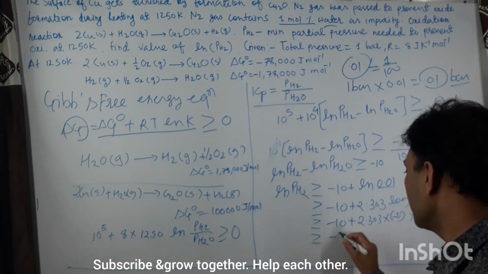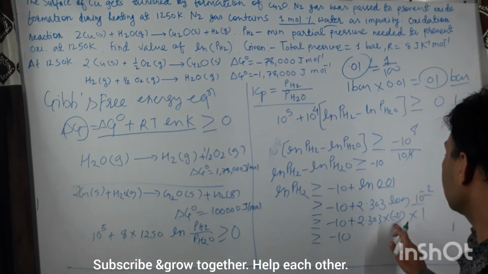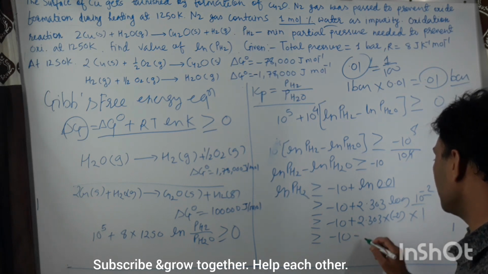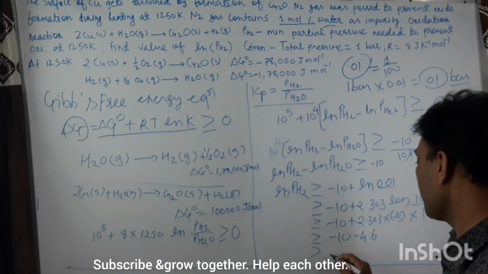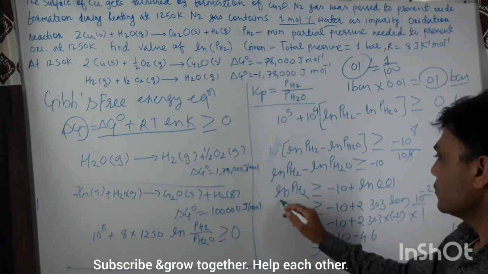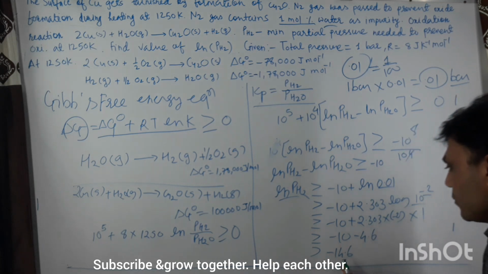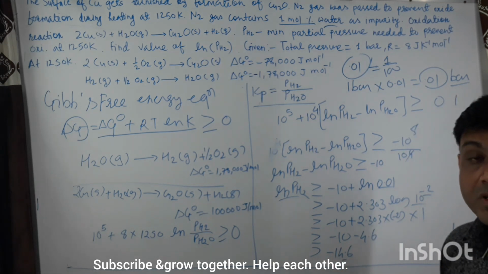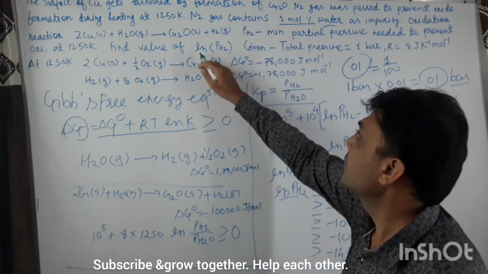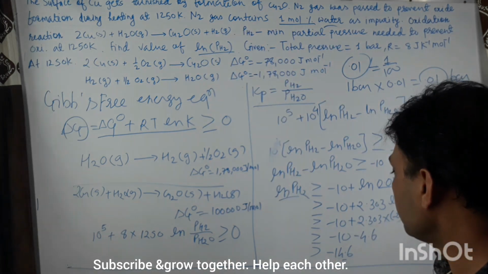So greater than or equal to minus 10 minus 2.3 into 2, that is 4.6. So it will become minus 14.6. So ln pH2 we have got minus 14.6.